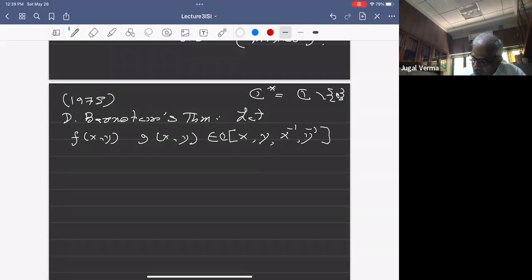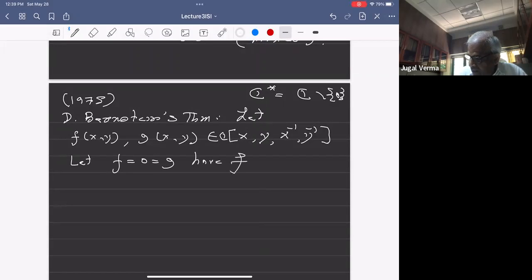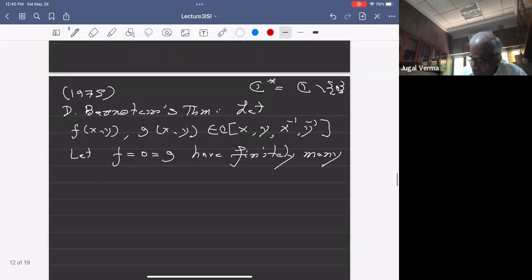So let us take two Laurent polynomials, f and g, and suppose f equal to 0 equal to g have finitely many solutions in C star square.